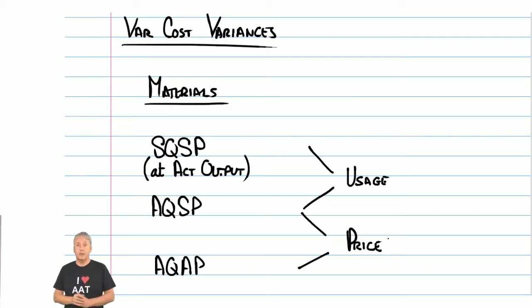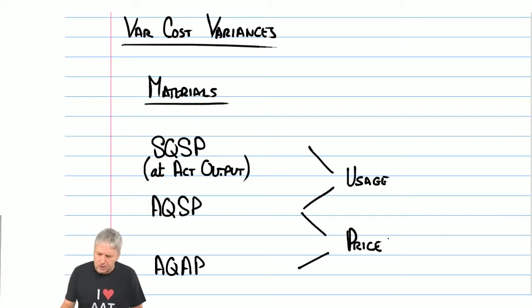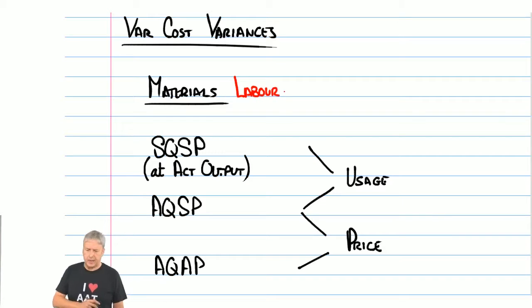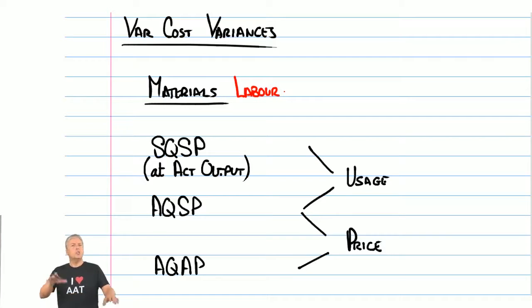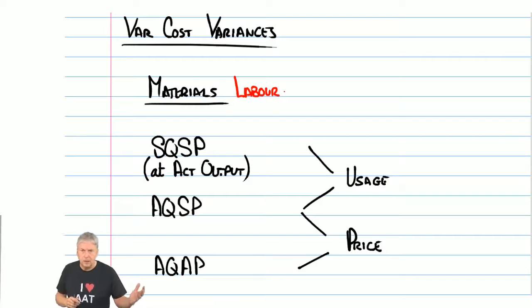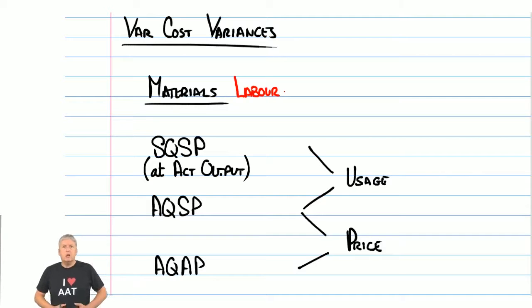Nothing more, nothing less. Now, whilst we are here, I suppose it makes sense for us to also look at labour. And if we were to look at labour, we're going to do exactly the same sort of thing because it's, again, a variable cost. But we don't talk about the quantity of labour. If you were to measure me in kilos, I may not be the most impressed. And we don't talk about the price of labour.